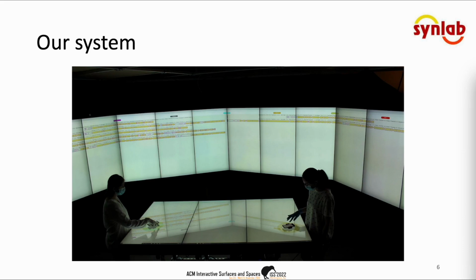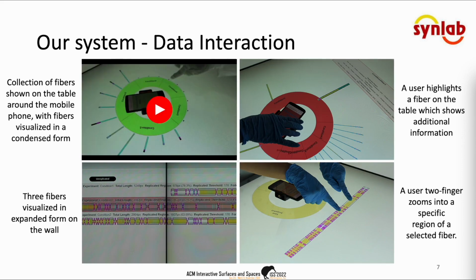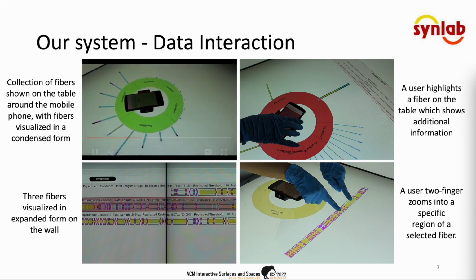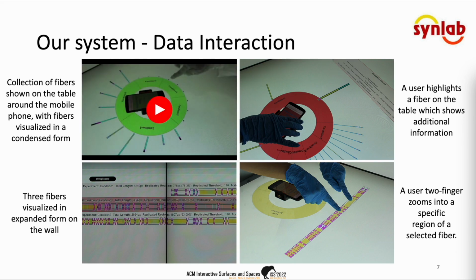To use their own mobile phone with the system, a user places it into a cradle with a fiducial marker affixed to the bottom. On the tabletop, selected groups of fibers are displayed around the mobile phone, with each fiber displayed in a condensed form in order to provide an overview of the respective percentages of each of the region types.